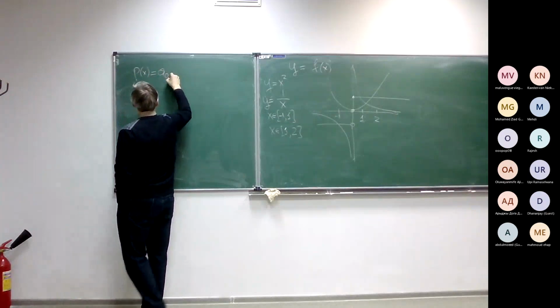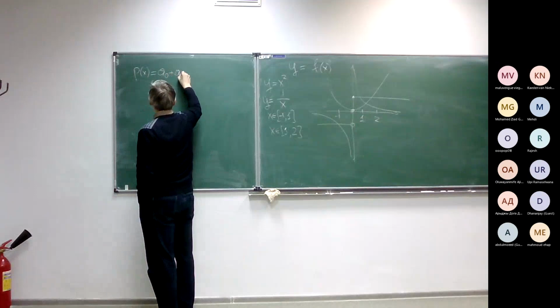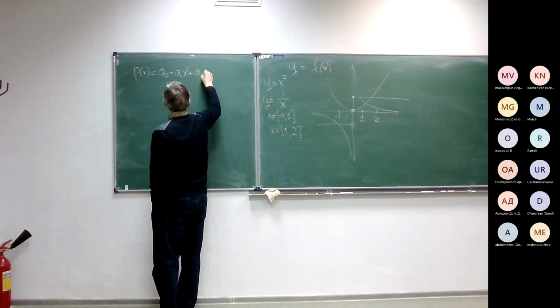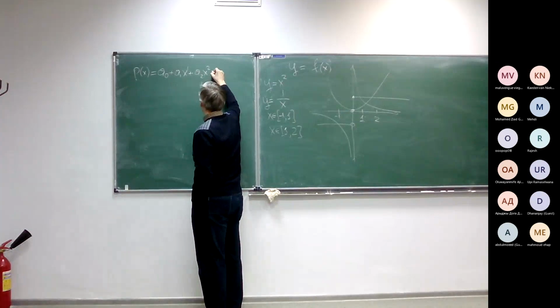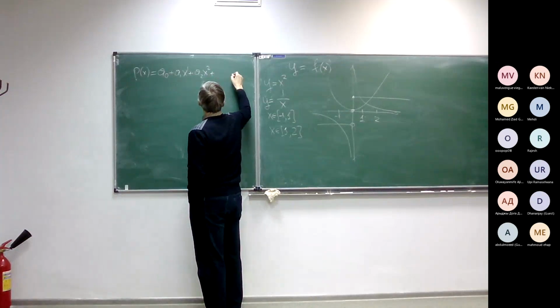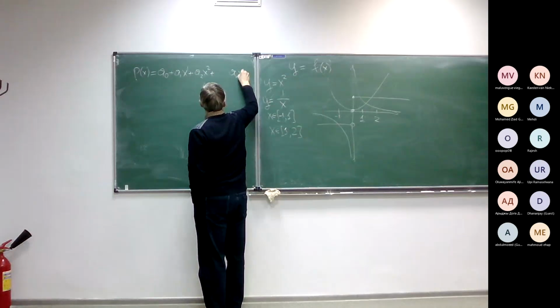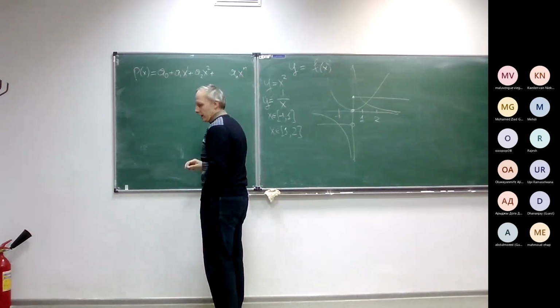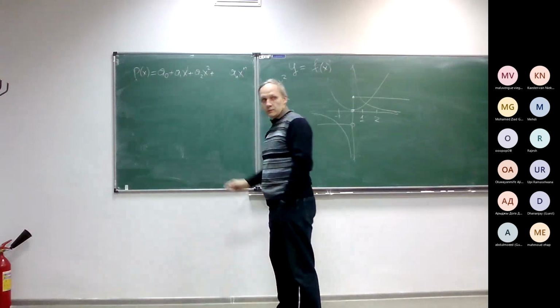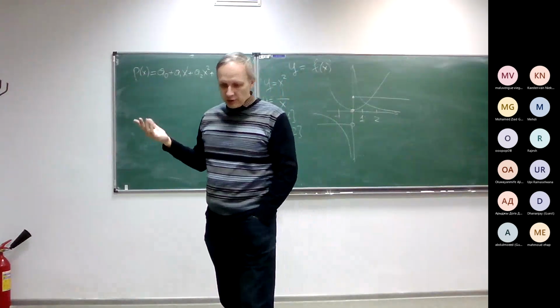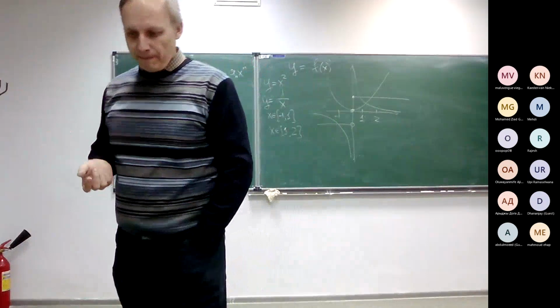I can write a0 plus a1 x power 1 plus a2 x power 2 plus, and so on, a n x power n. This is the general form of a polynomial.